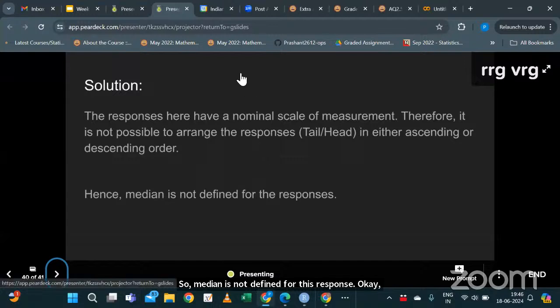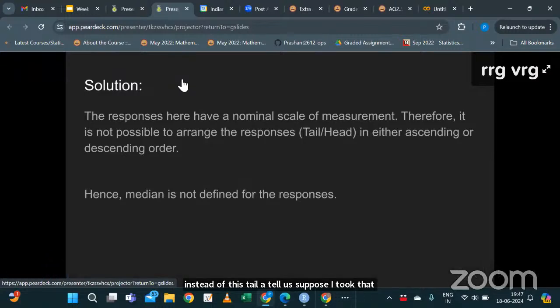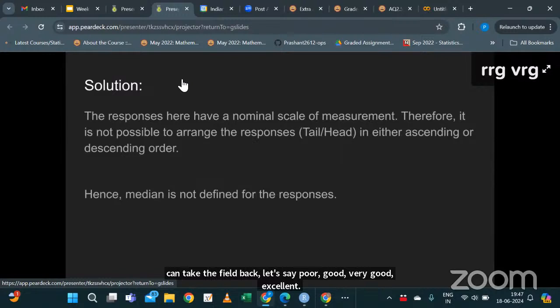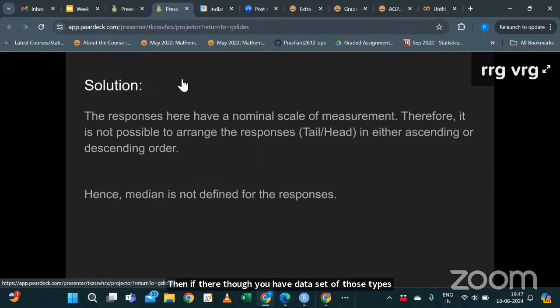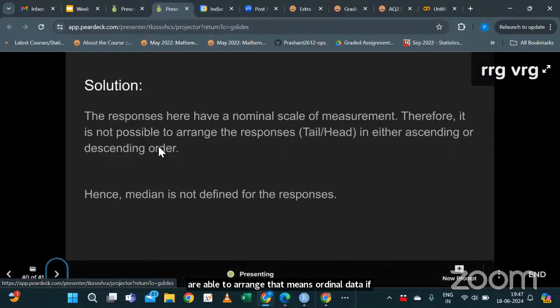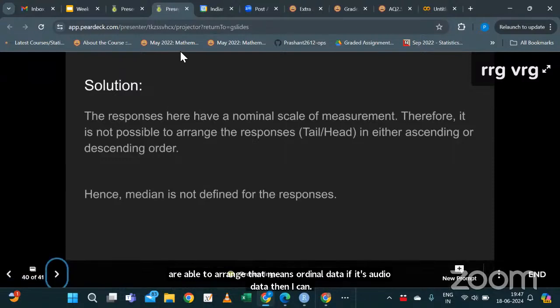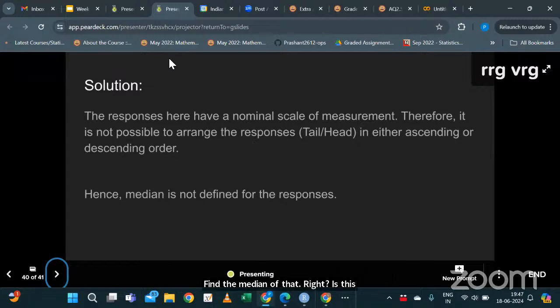If instead of tail I took the example of t-shirt sizes, or feedback like poor, good, very good, excellent, then you can arrange that data set, and if you are able to arrange it, that means ordinal data. If it's ordinal data, then I can find the median of that, right? Is this clear? Yes, sir.